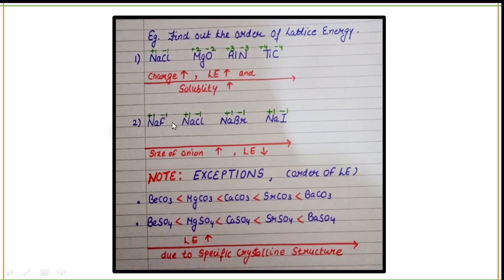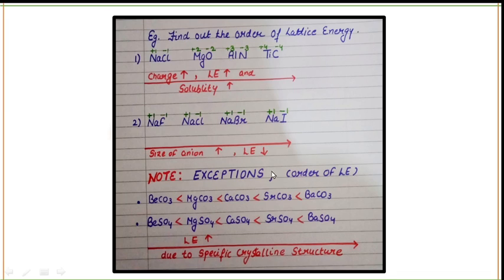Next order is for NaF, NaCl, NaBr and NaI. This comes under group 17, the halogen group. When you move from top to bottom in a group, the size of the anion increases. If the size of the anion increases, the lattice energy decreases.